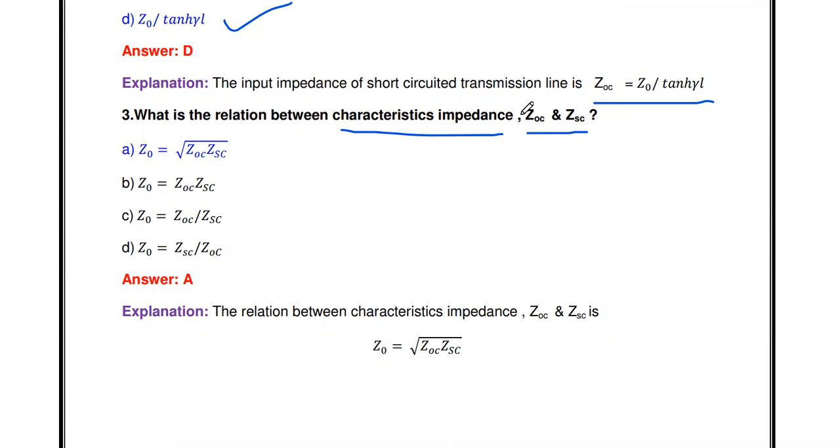Z0 is equal to the square root of ZOC into ZSC, the square root of the product of open circuited and short circuited impedance. So the first option is the correct answer.